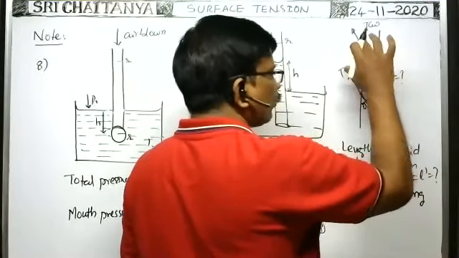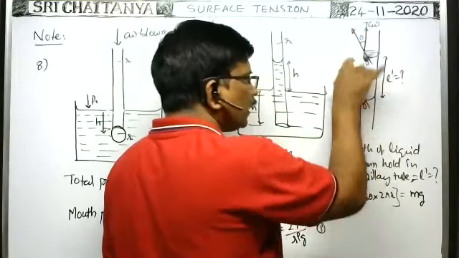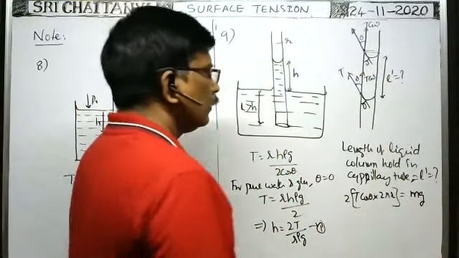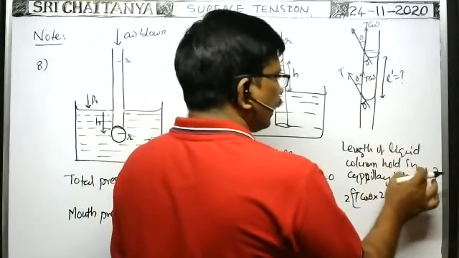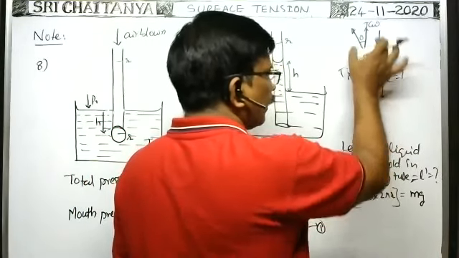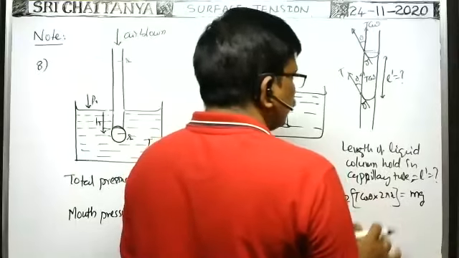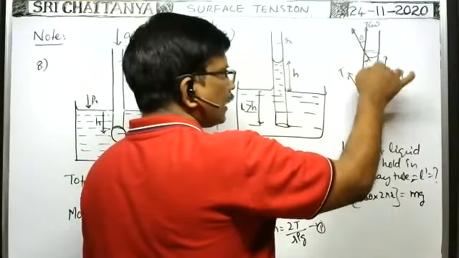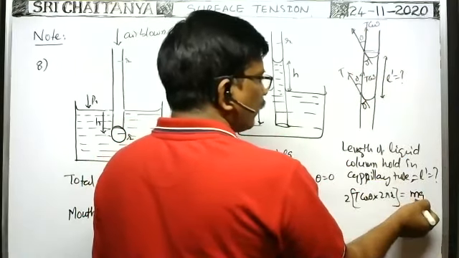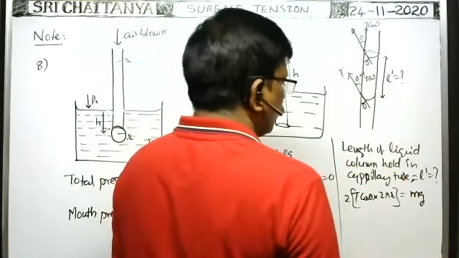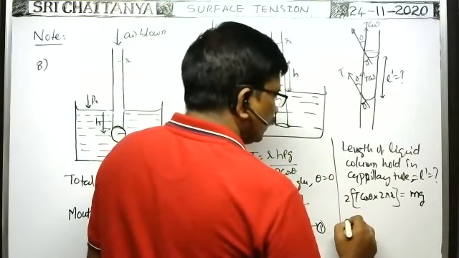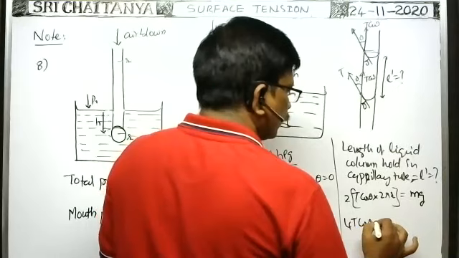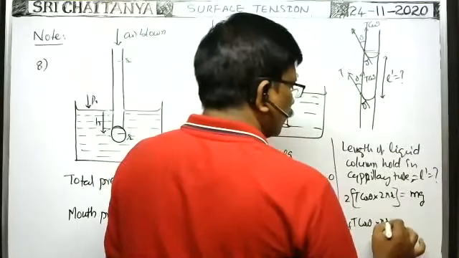Up to that height the liquid column remains in the capillary tube, and the remaining liquid comes out drop by drop and falls. So whenever a liquid column of height L dash is held by the capillary tube, the force due to surface tension acting vertically upward must be equal to the weight of the liquid column. From this, 4T cos theta into pi r is equal to mass.